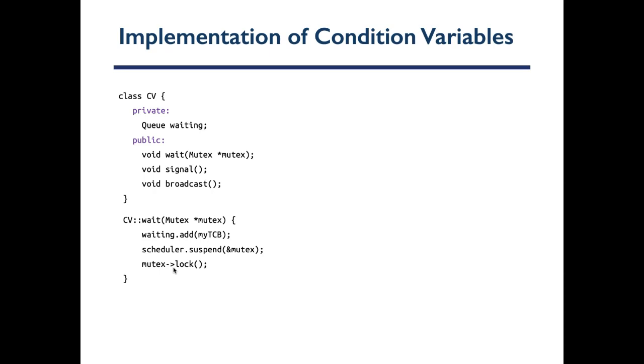Okay, so two points to talk about. Where is this mutex freed? It gets freed here inside the suspend. If you go back and look at the scheduler suspend code, you will see that what this suspend does is basically release the mutex and then put this TCB to sleep and context switch. Now, this is what I was talking about in wait. The moment before you get out of the wait, you have to lock the mutex again.